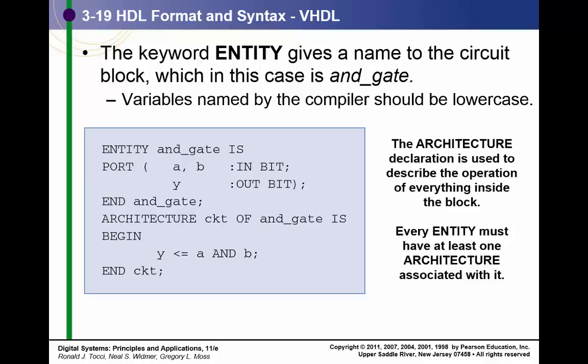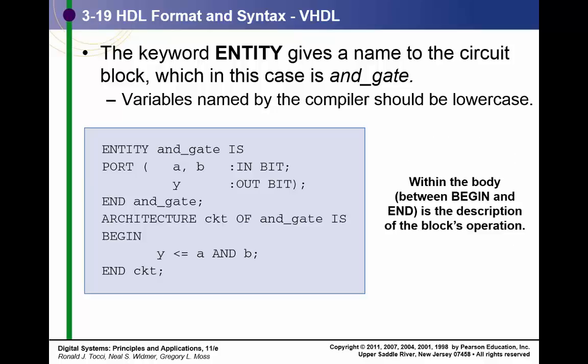Every entity must have at least one architecture associated with it. In advanced programming, we may have multiple entities depending on the number of inputs. It could get quite complex, but we're not going to get nearly that far. We have the body, which sits within a begin and an end, and inside there you describe the functionality of the device.